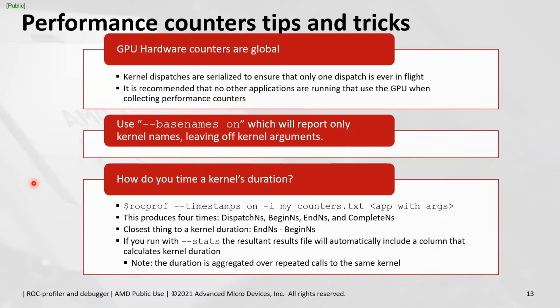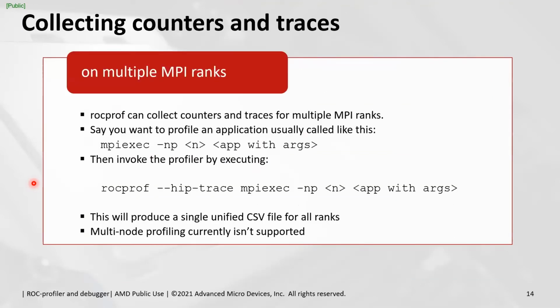But one thing to note is that with this option, that time is aggregated over repeated calls. So if you're looking at a particular dispatch, I think timestamp on is probably a better bet.